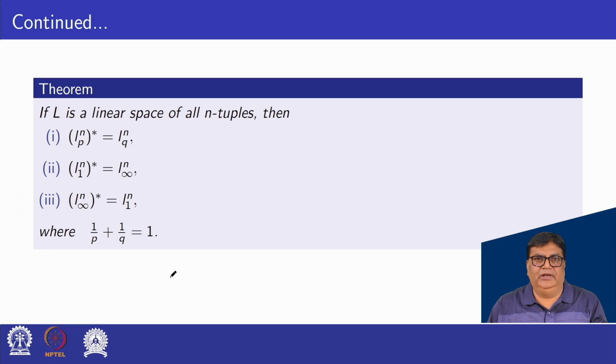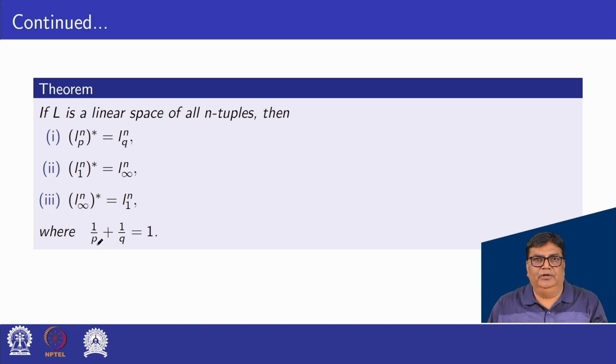So roughly we can see the dual space of LP is LQ. If we put p equal to 1, then 1/q is equal to 0, that is, q is infinity. So the dual space of L1n is L infinity n.